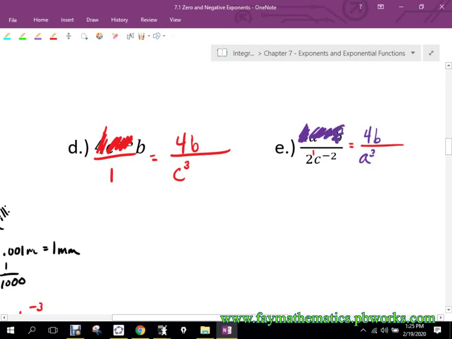But there's things in the bottom that I have to address as well. So I got to go through the bottom and say, okay, do they stay or do they move? So the 2, does it stay or does it move? Stays. And it's 2 to the first, right? So I'm done with that. Now C to the -2, does that stay or does it move? Moves. So it becomes C squared.